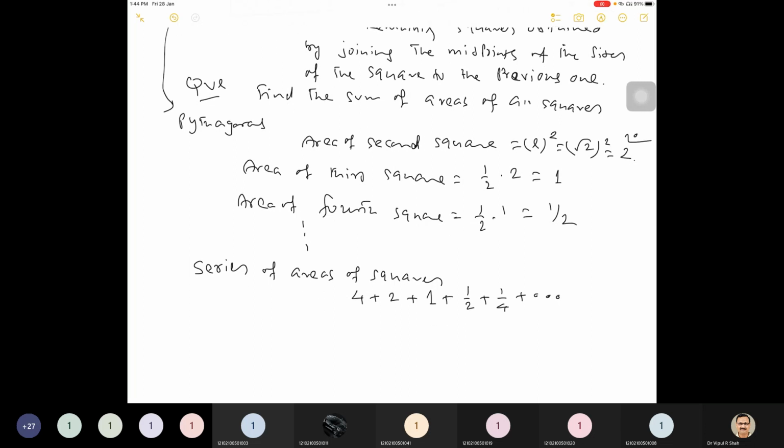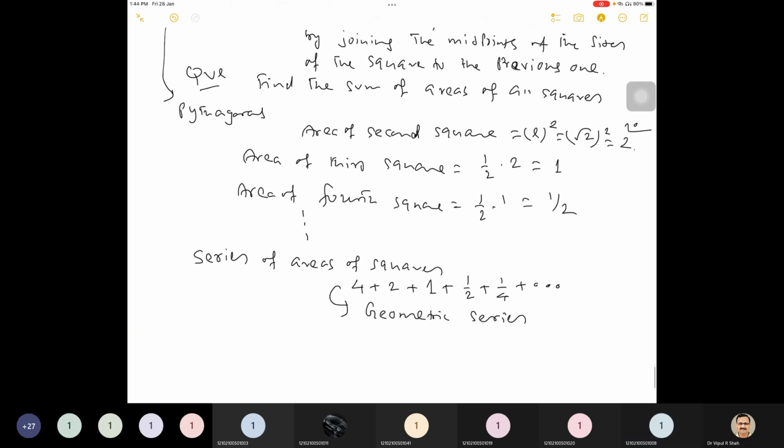Agree or no? Yes, sir. Okay, everyone? Is this a geometric series? Yes, sir. With common ratio r equals 1 by 2.